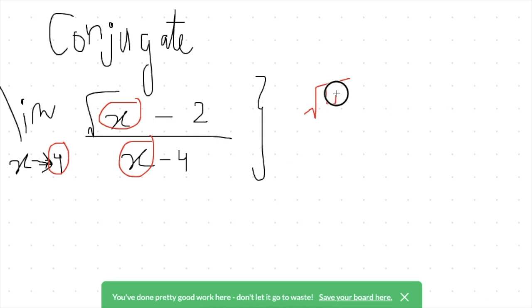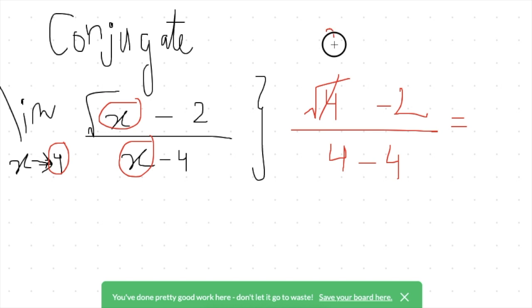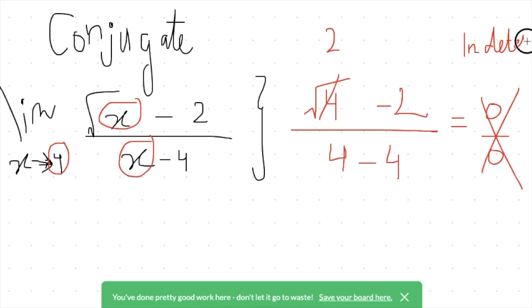So we would have the square root of 4 minus 2 over 4 minus 4. The square root of 4 is 2. 2 minus 2 over 4 minus 4 gives us 0 over 0. This is indeterminate form. So what we now have to do is try the conjugation method.